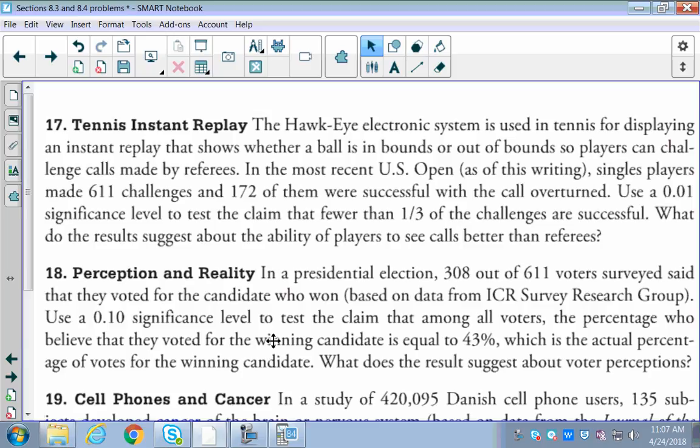In the most recent US Open, singles players made 611 challenges and 172 of them were successful with the call overturned. Use a .01 significance level to test the claim that fewer than one-third of the challenges are successful. What do the results suggest about the ability of players to see calls better than referees?